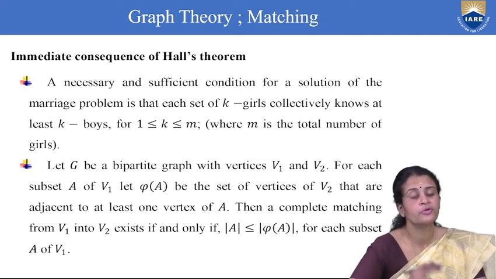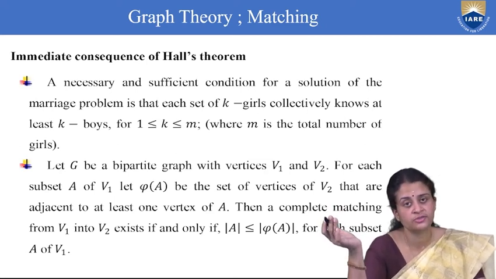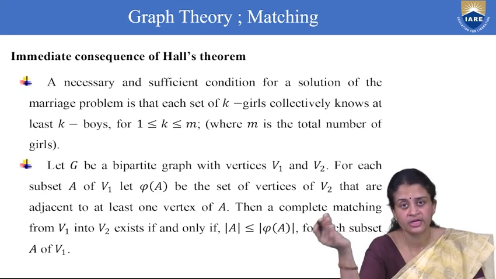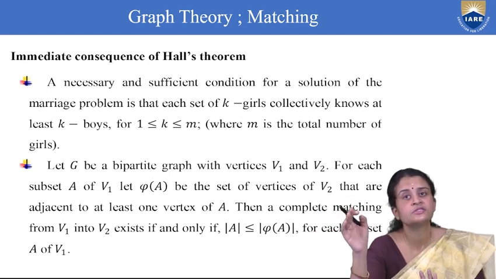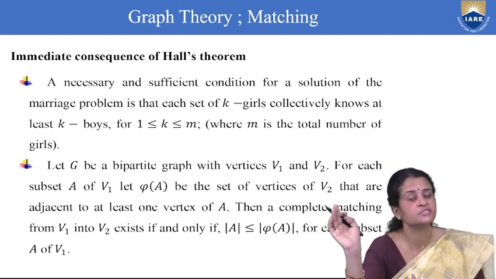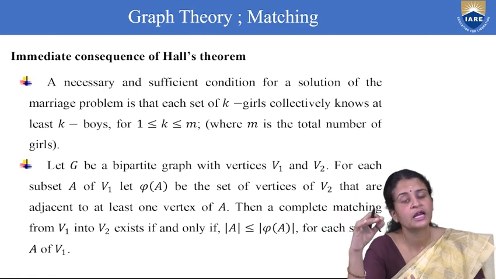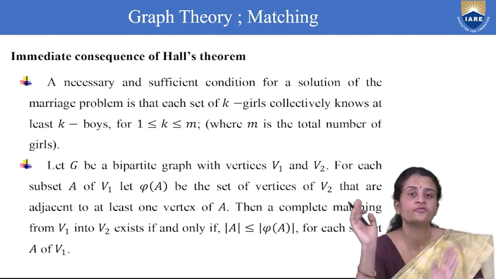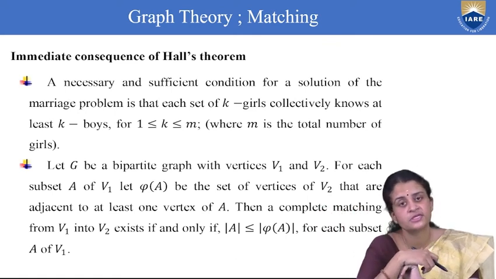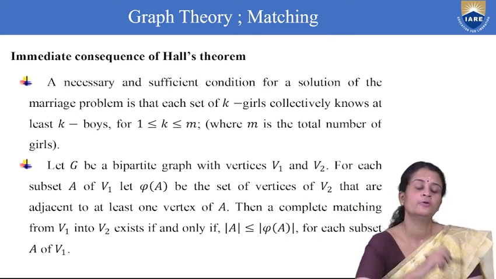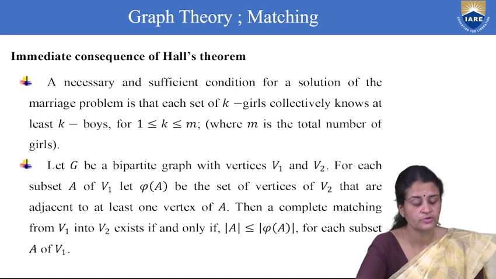Okay, we have already seen this Hall's condition for complete matching. What is the condition for the existence of a complete matching? And now the consequence of Hall's theorem also states the same thing: if K persons collectively know at least K persons on the other side. Now, another condition, what is that?